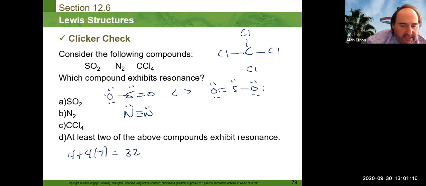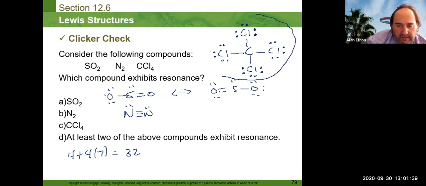That is 8 electrons that have been used, gives us 24 to go on the outside. 2, 4, 6, 8, 10, 12, 14, 16, 18, 20, 22, and 24. That is 32 electrons. Everybody is perfectly good and happy.